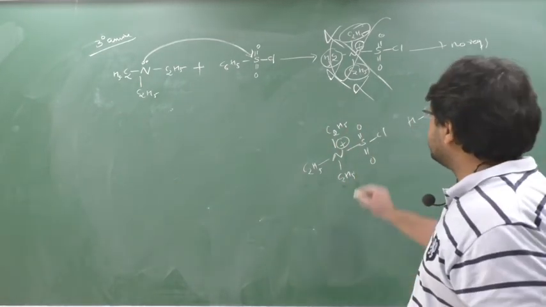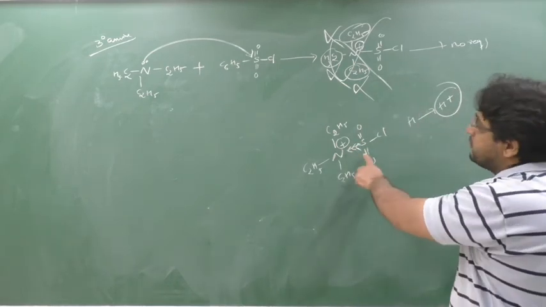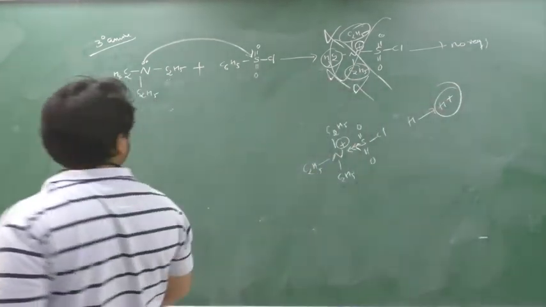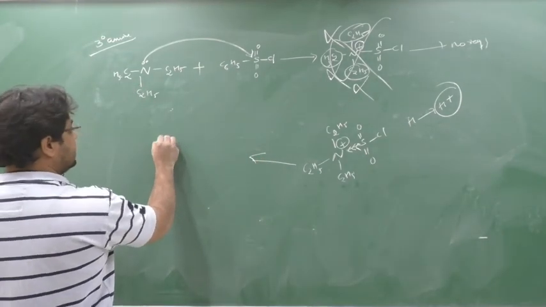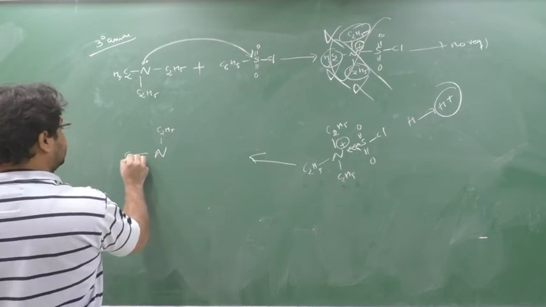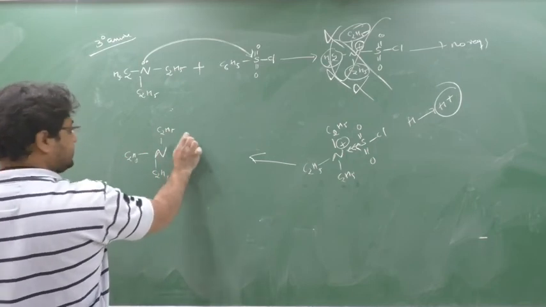So this nitrogen attracts the electron from this S. When nitrogen attracts the electron from this S, the reaction will get reversed. See here, if I attract the electron back from S, what will I get? I will get here N, here C2H5, here C2H5, here C2H5, and here the electron, plus charge, no?